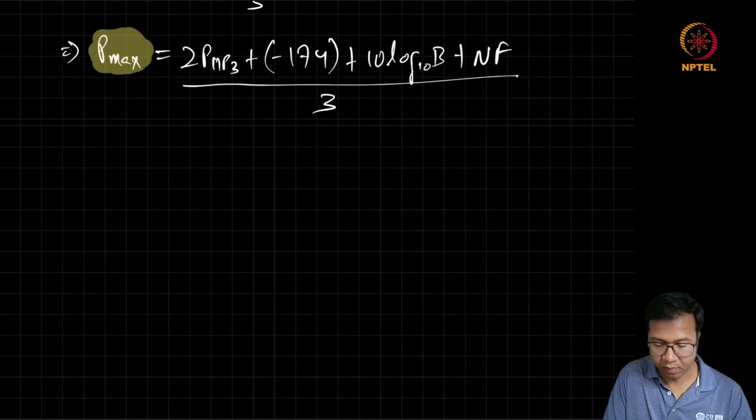So at this input power, intermodulation will be equal to the noise floor.